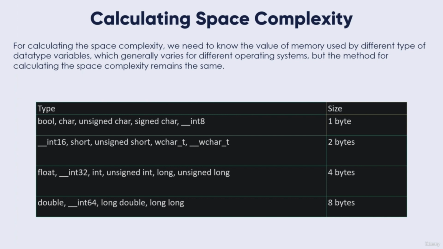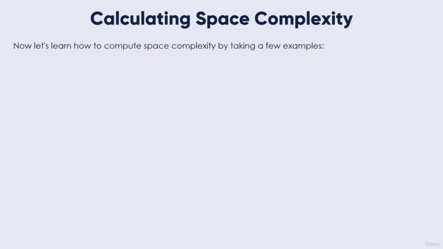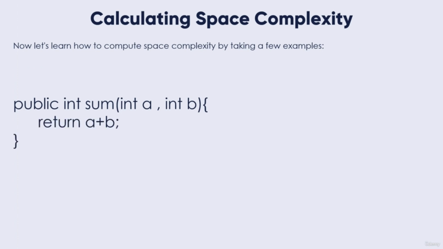So, what we need to know here is calculating the space complexity by taking a few examples. Let's see this method. Public int sum. It takes as parameters int a and int b and returns a plus b.